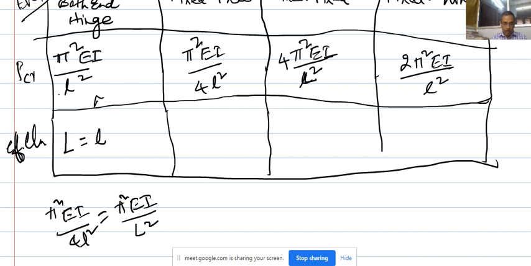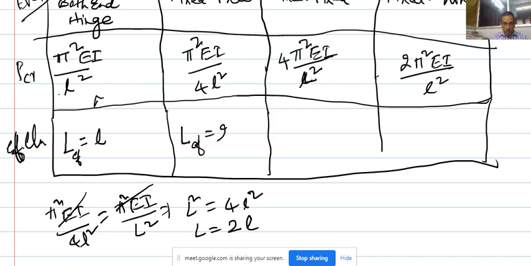Cancelling, capital L square equals 4 small l square, so capital L equals 2 l. The effective length L effective will be twice the length.